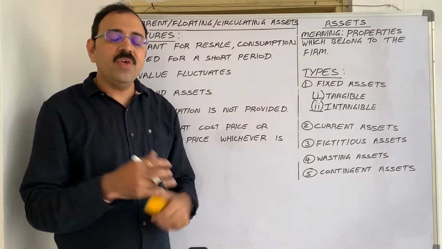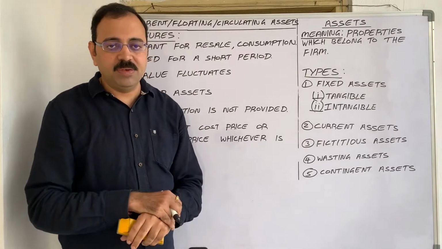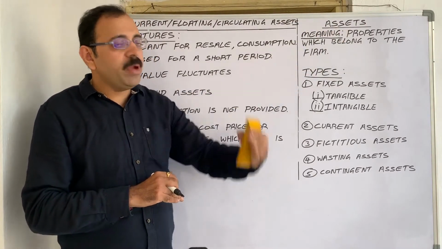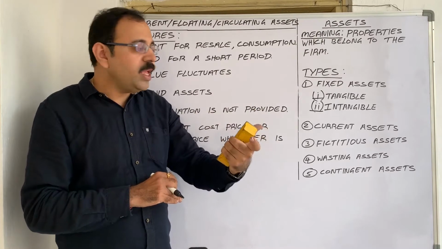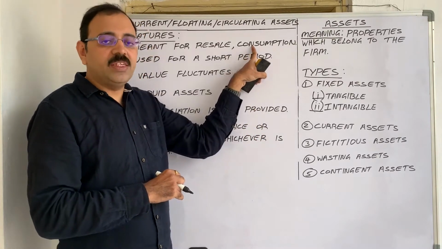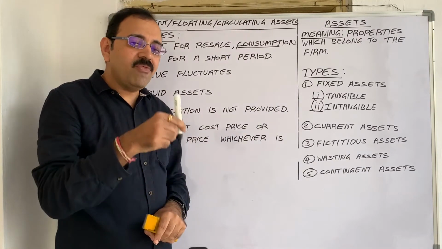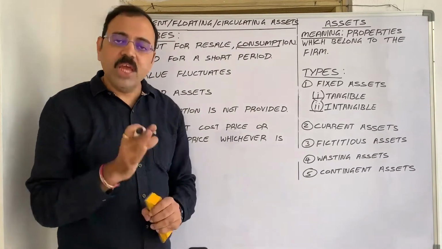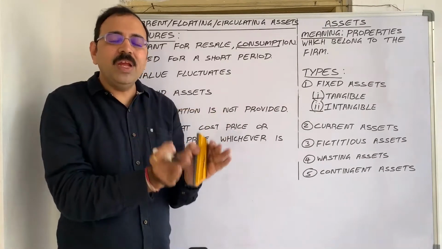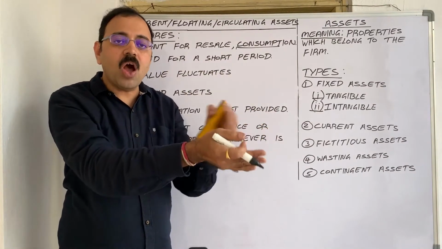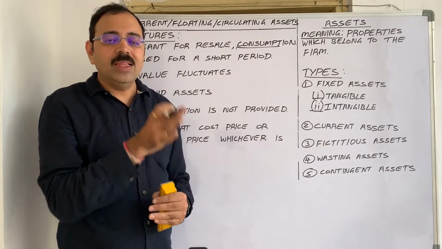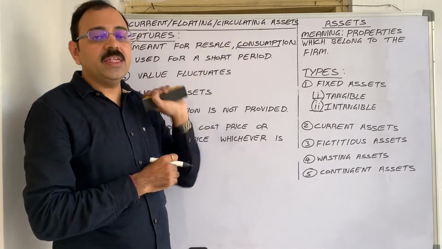For example, we are running one manufacturing concern. Then we purchase raw material. This raw material comes under current asset and we consume that asset while manufacturing the finished product. Therefore, if any asset is meant for resale purpose or for consumption purpose, that asset comes under current asset.